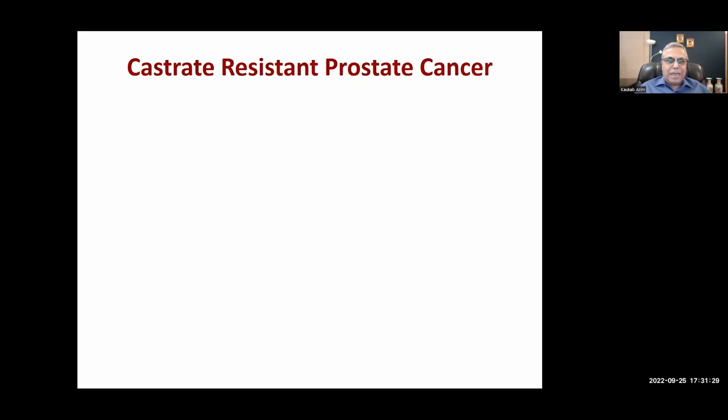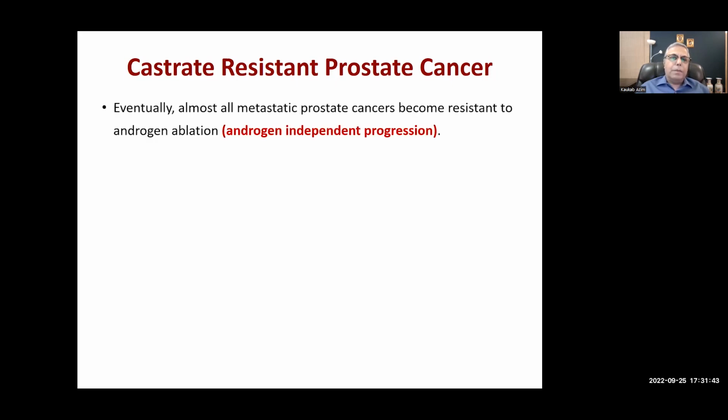Now we go on to the last part and the last type of cancer, which is castrate-resistant cancer, which means it is independent of testosterone. It does not need testosterone to divide or to grow. Eventually all metastatic prostate cancers become resistant to androgen ablation.